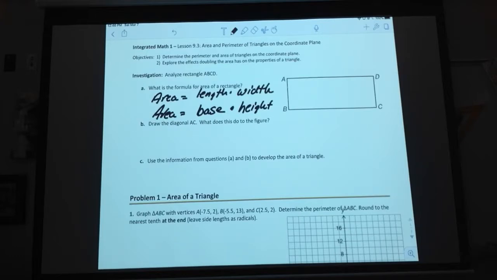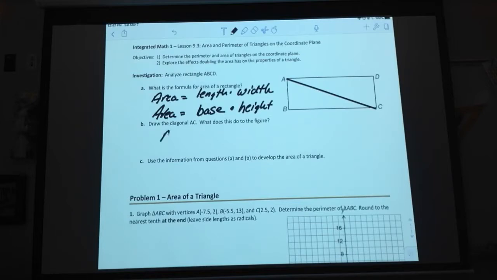Okay? So, the next part says draw the diagonal AC, and what does this do to the figure? If I draw a diagonal from A to C, what did I do?